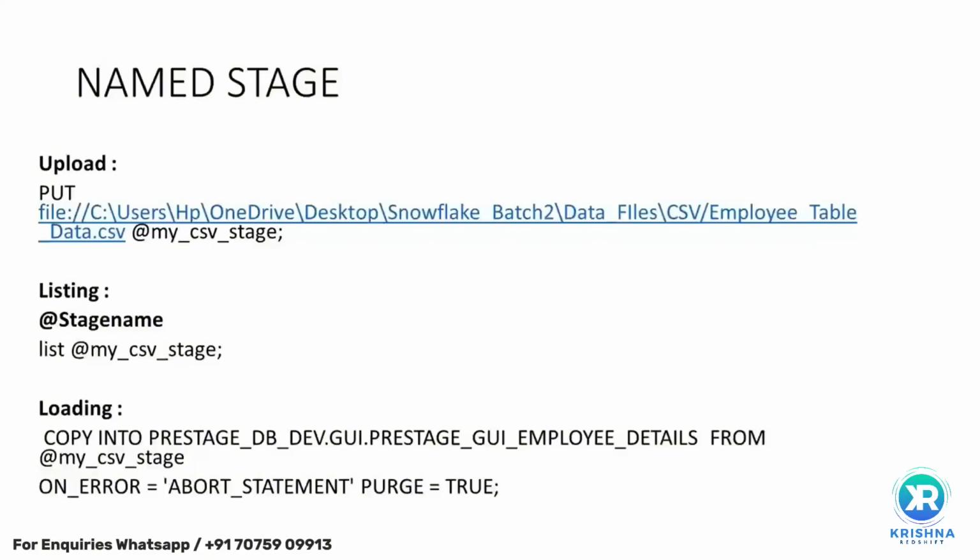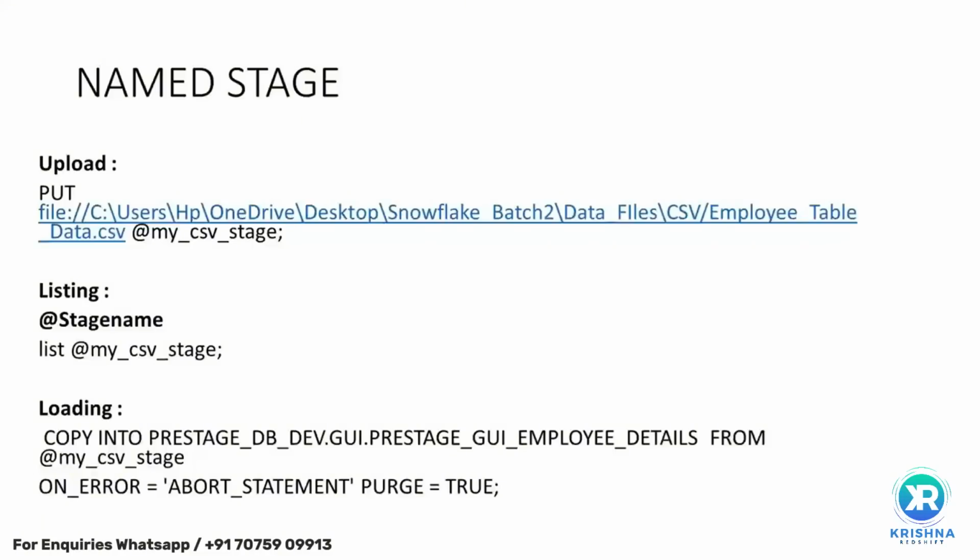So basically, we create stages for the purpose of loading. First you will have your stage created, then listing, where you just see whether the data is available in that stage or not. Then loading into the target table.